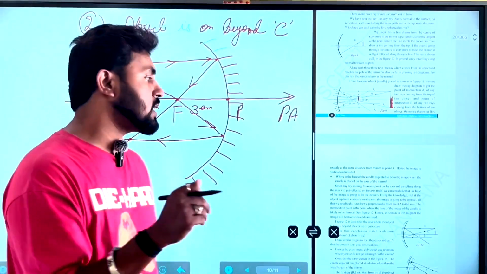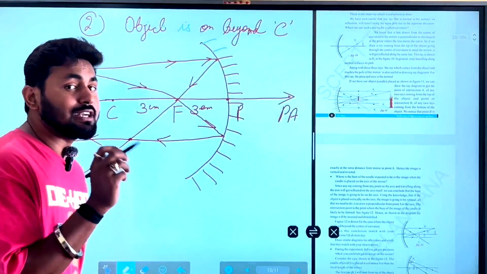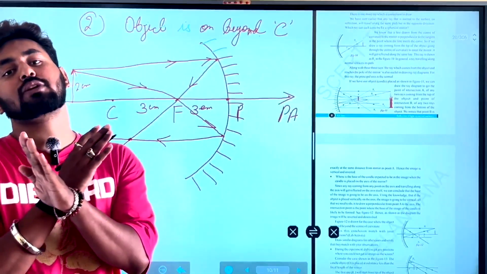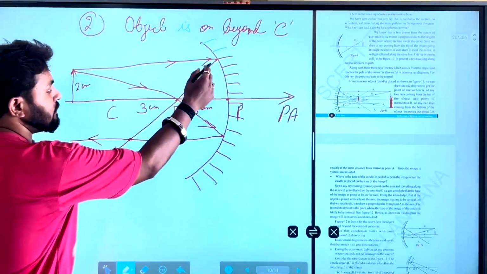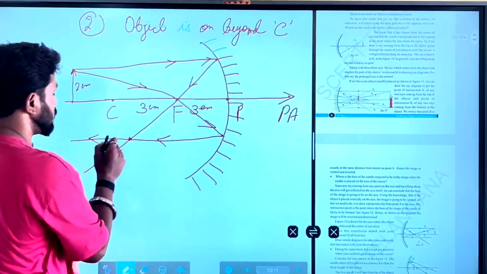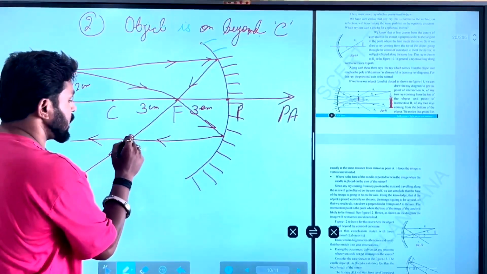Now, as I told you, image formation will take place at the junction or intersection point of the reflected rays. For this, the first reflected ray is meeting over here, and the second ray that we have is meeting at this point.